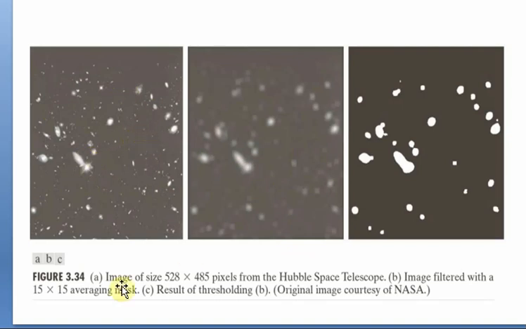So I should apply the 15 by 15 averaging mask. I can get the image like this. This is a blurred image, but if I use a thresholding operation, a point operation, then I can get the image like this. Then I just concentrate on only this. In this way I can enhance the image.